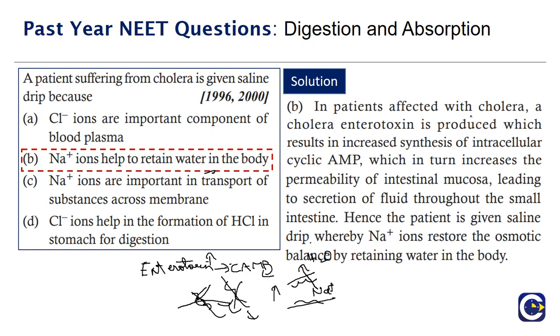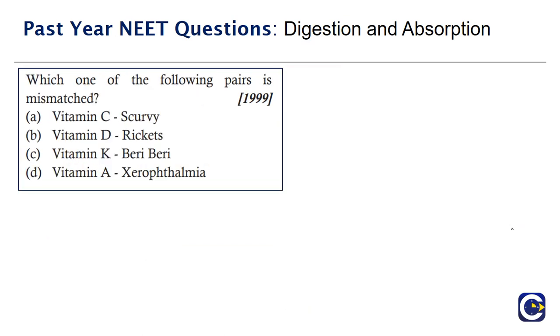In patients affected with cholera, a cholera enterotoxin is produced, which results in increased synthesis of intracellular cAMP, cyclic AMP, which in turn increases the permeability of intestinal mucosa, as we said, leading to secretion of fluid throughout the small intestine. Hence, the patient is given saline drip, where Na+ ions restore the osmotic balance by retaining water in the body. So moving on to the next question.